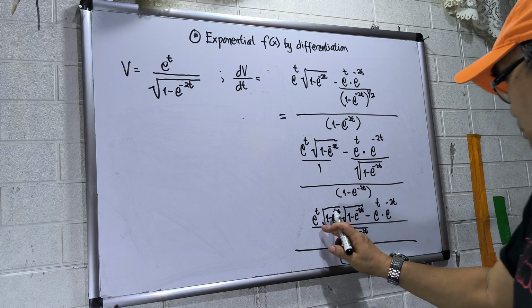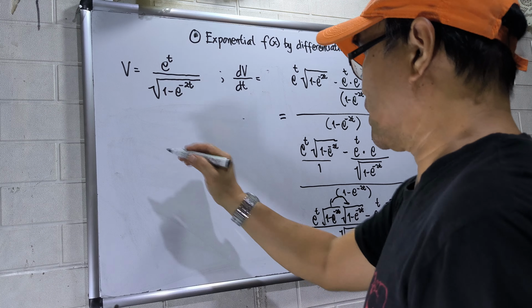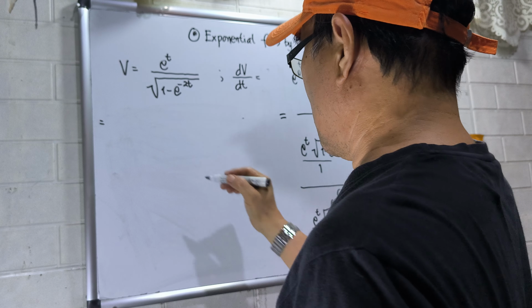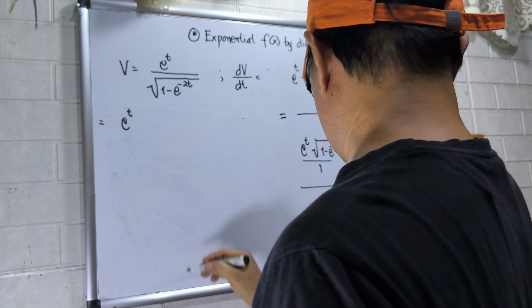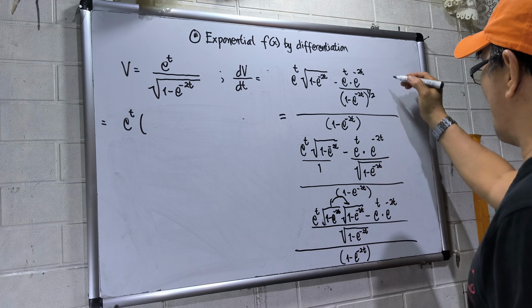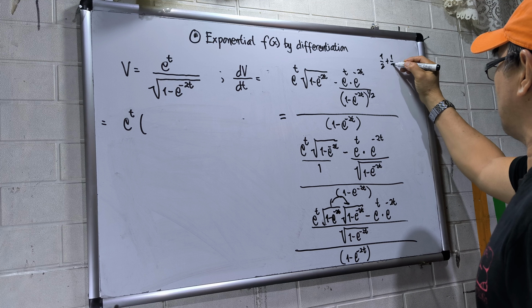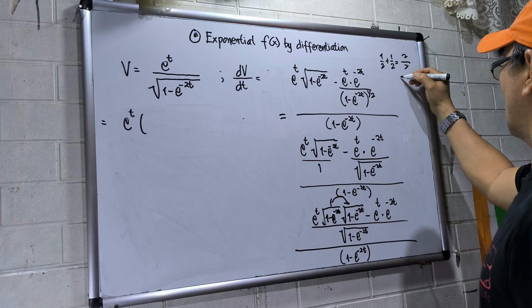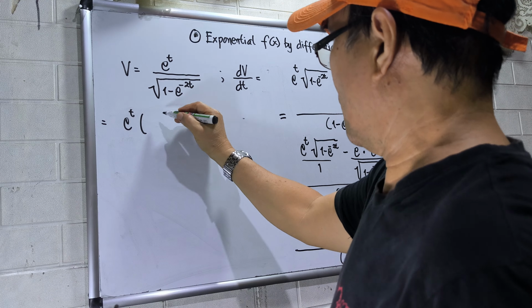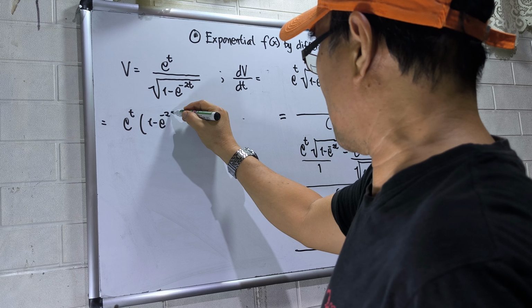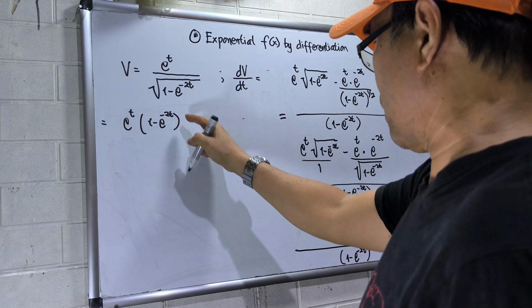Okay? So then multiply. Now I have e to the t and then the square root. So 1 half plus 1 half will be 1. So this will be 1 minus e raised to the negative 2t raised to 1, right?